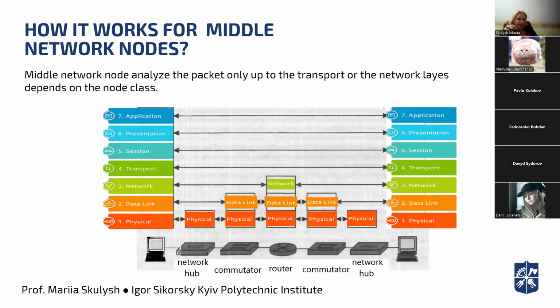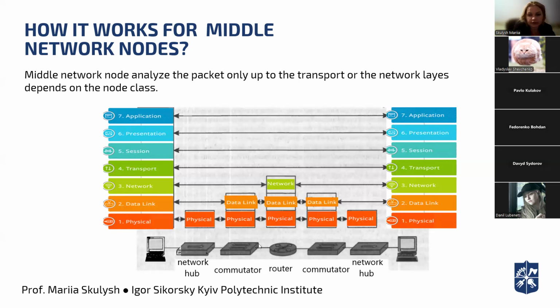The physical layer means transmitting, for example, some wave or light wave, depending on network technology, the technology of the link that transmits information.